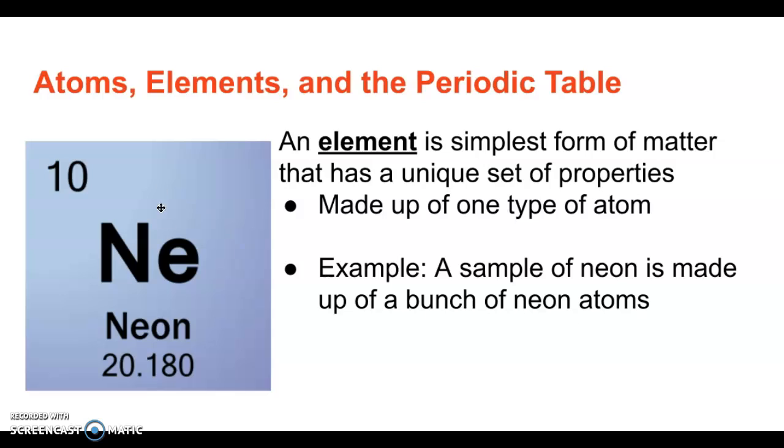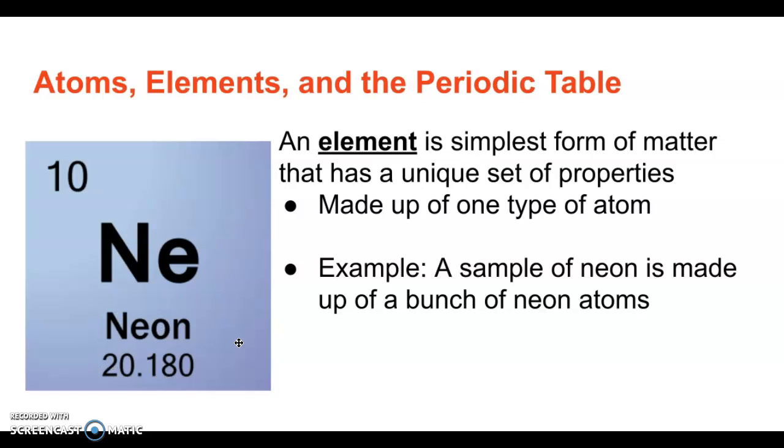The chemical symbol right here, okay, and the name will tell us what element it is. And an element is the simplest form of matter that has a unique set of properties, okay? It's only made up of one type of atom. So every sample of neon is made up of a bunch of neon elements, or neon atoms, excuse me, okay?